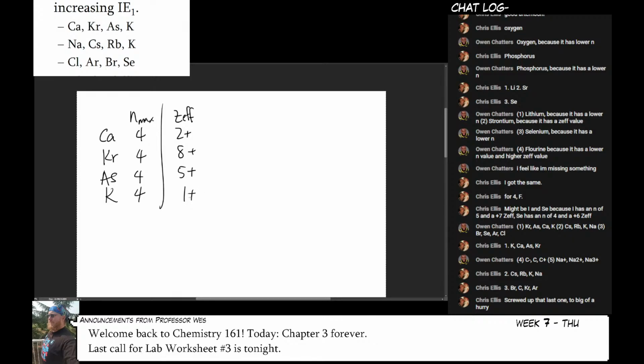They're all in the same N max, so I'm just going to sort them by Z effective. So I want this in order of increasing. Be careful here. I've got to start with the lowest. So that's going to be potassium. And then calcium. And then arsenic. And then krypton.